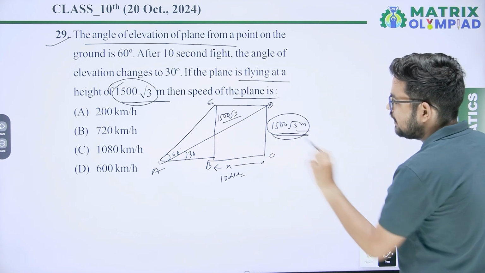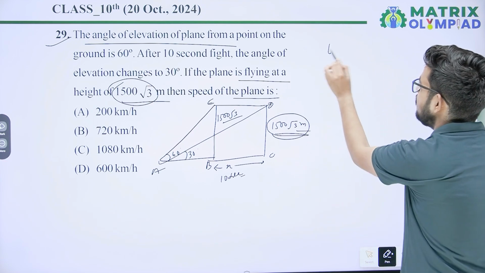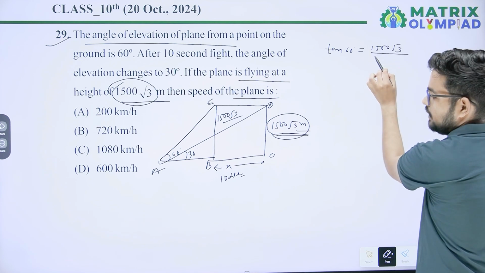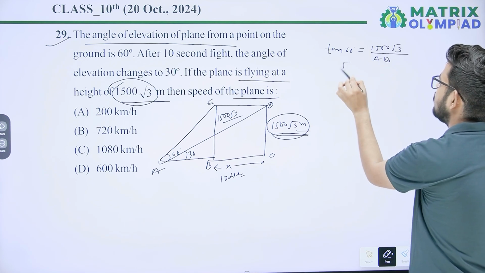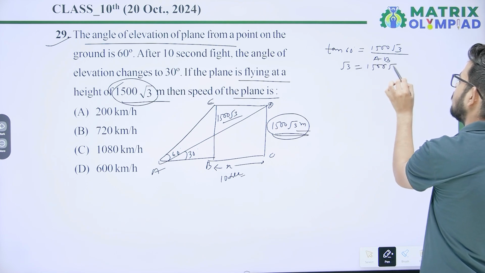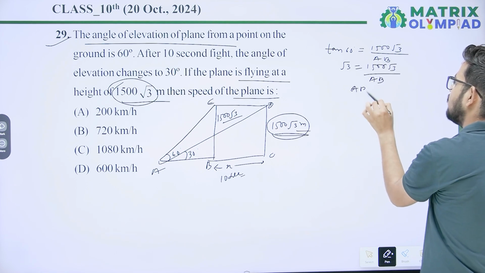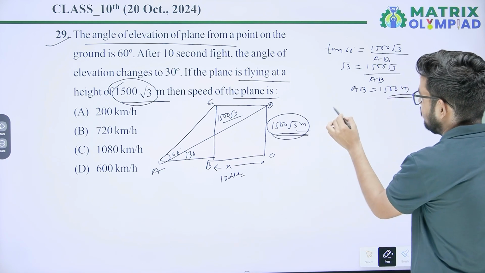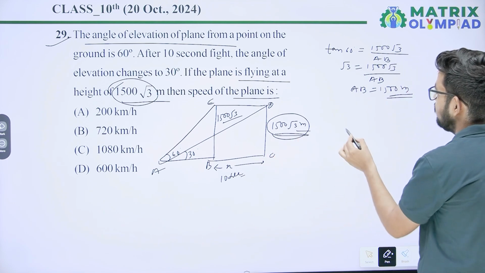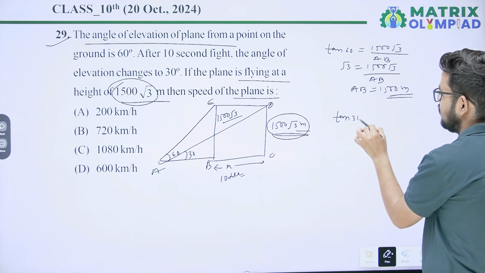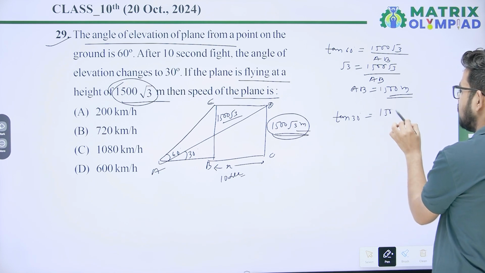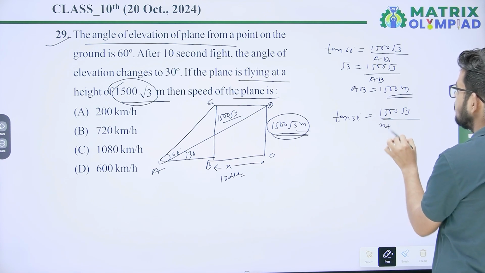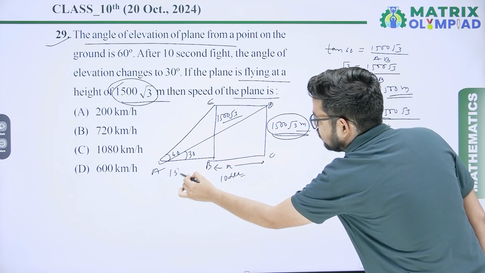Okay, so in triangle ABC, tan 60 degrees equals 1500 root 3 upon AB. So root 3 equals 1500 root 3 upon AB. So AB equals 1500 meter. And after 10 seconds, in triangle ACD, tan 30 degrees equals 1500 root 3 upon AC, that is x plus 1500 meter.